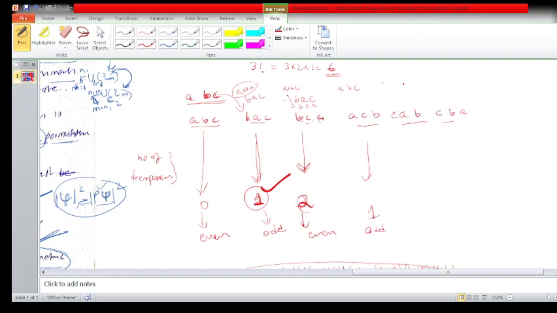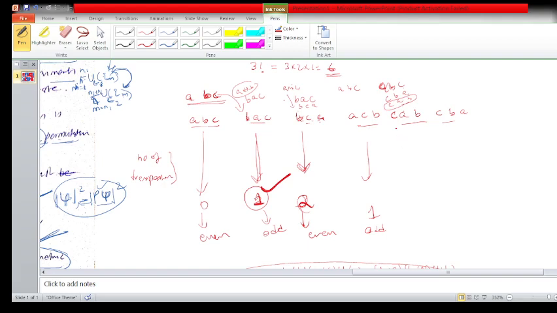Then we have ABC: A to C, so that you get C here and A here, giving C, B, A. Then change B to A, giving C, A, B. CAB, right?